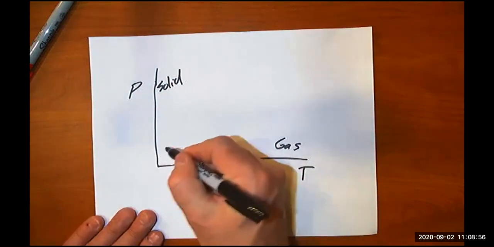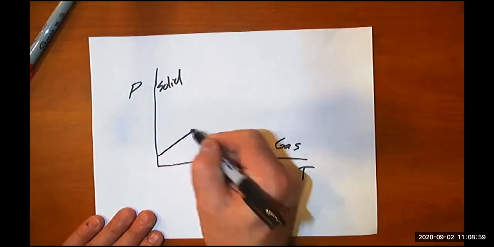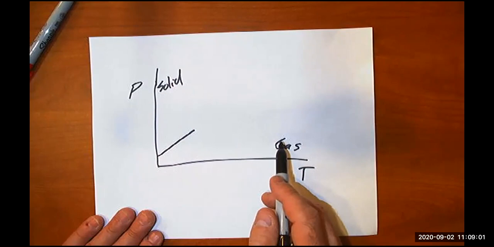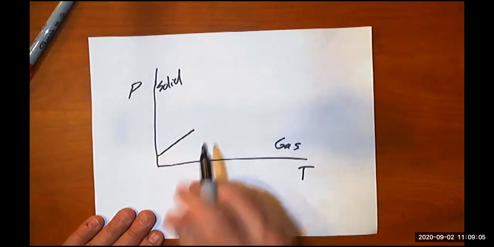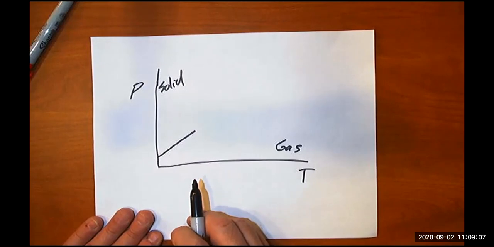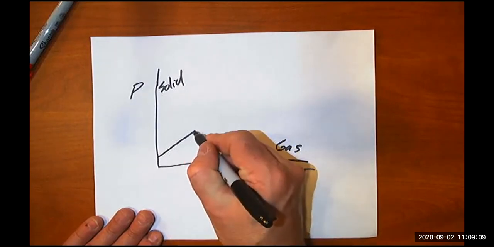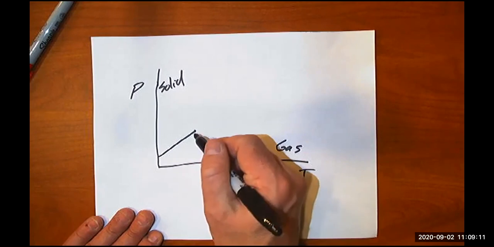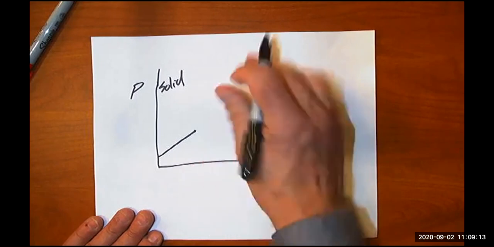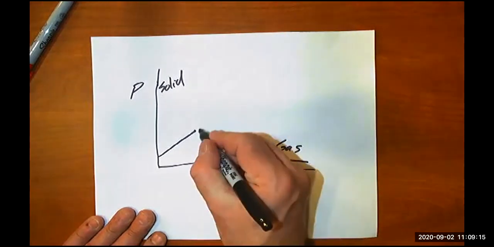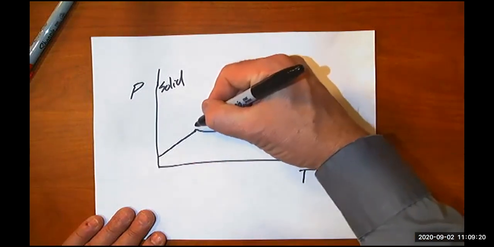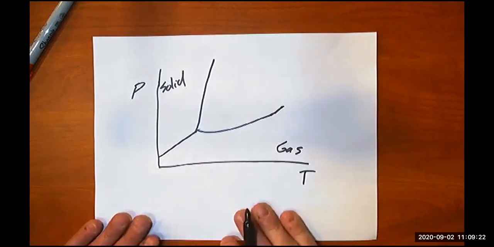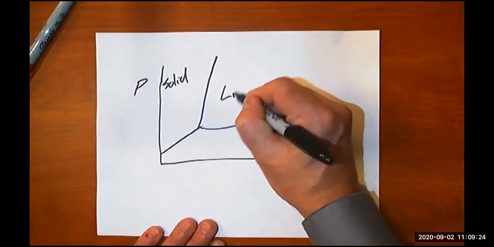So we're going to have some kind of line that goes between solid and gas. That's going to be our sublimation or deposition line. It's going to reach a point where it's going to split and create the liquid region. So we'll have a line going like that, and then we'll have something coming up like this. So this will then be our liquid region.